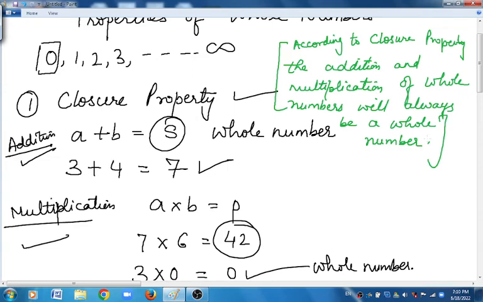So this is the first property of whole numbers, which is closure property. I hope you have understood this.